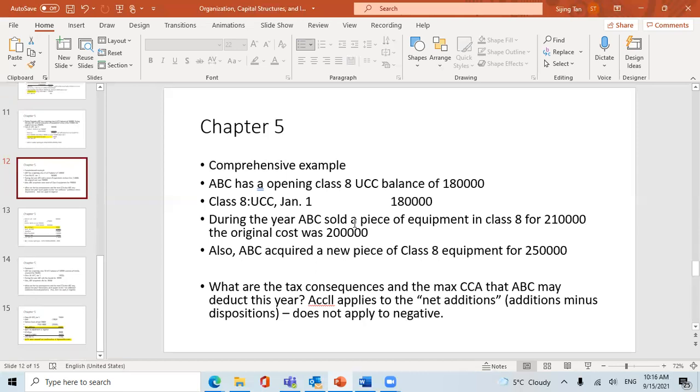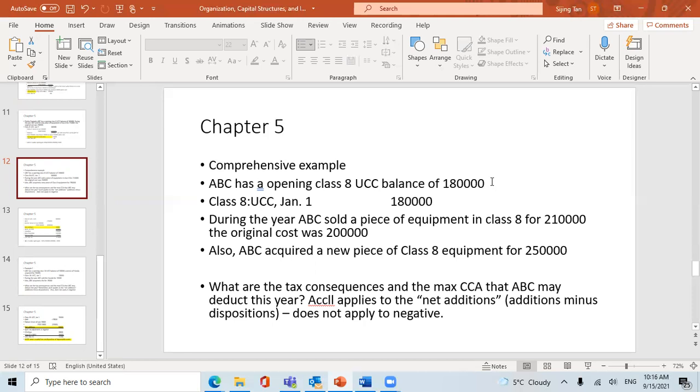During the year ABC sold a piece of equipment in Class 8. So there's still something left in their Class 8, right? It's not all sold. Just a piece of equipment in Class 8 for $210,000. The original cost was $200,000. Also, ABC acquired a new piece of Class 8 equipment for $250,000.